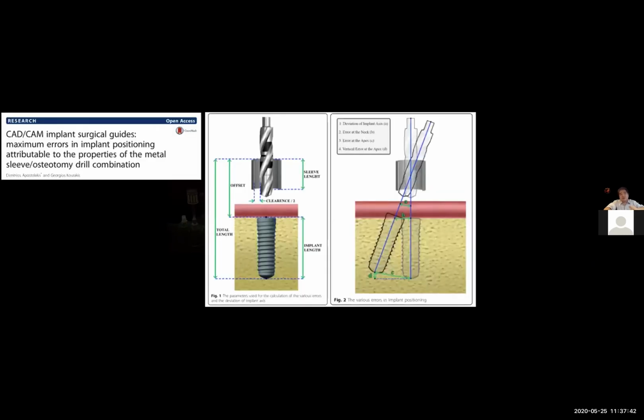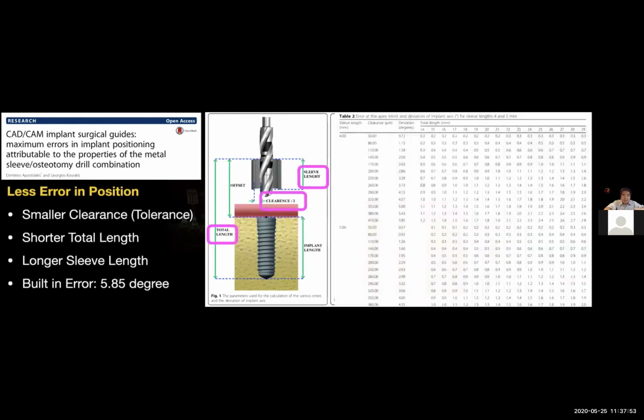And also, I'd like to share this article. Mathematically, this article evaluates all possible error when we are using those guides. What they point out is that the guide sleeve length, the clearance, and the total length of the implant, those three factors actually determine the error. In other words, everything goes very well and you follow that guide perfectly.